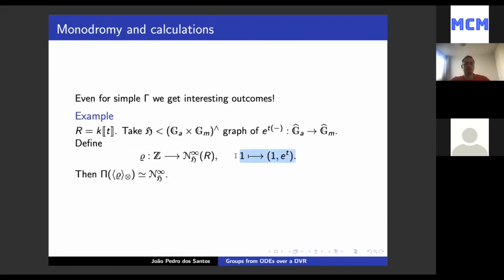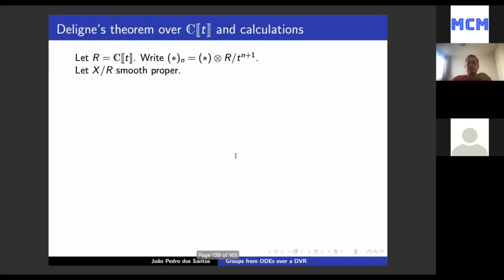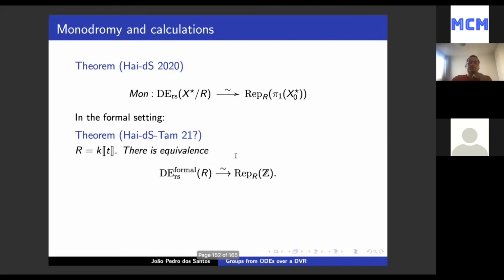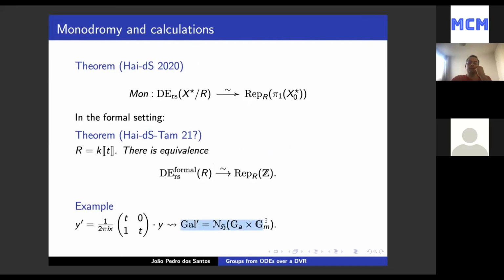So you do the calculation, it's just this representation. That's why I introduced it here. And once you do that, you see that the Tannaka Galois group is the same as the Tannaka Galois group of the representation, which is this interesting fellow here.